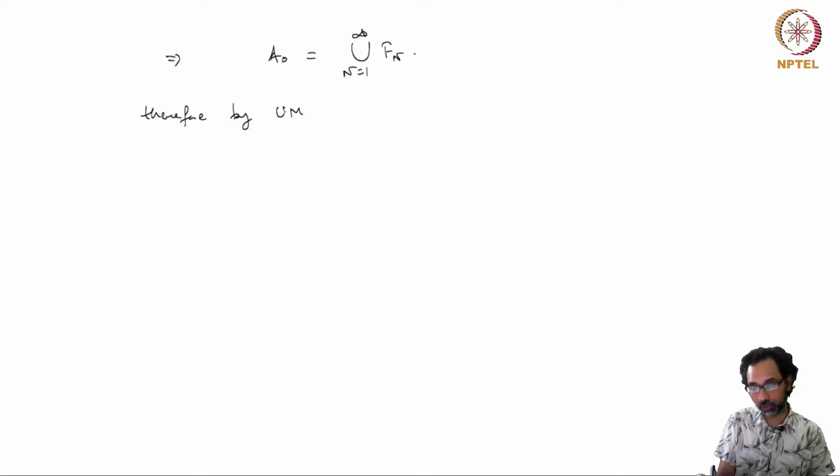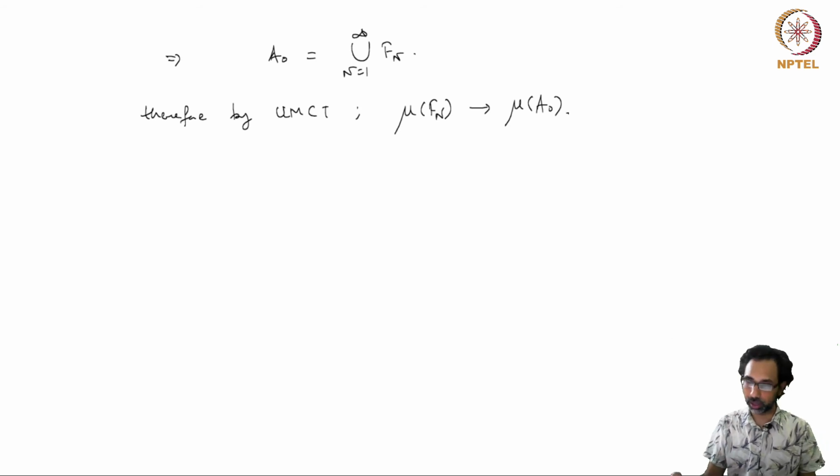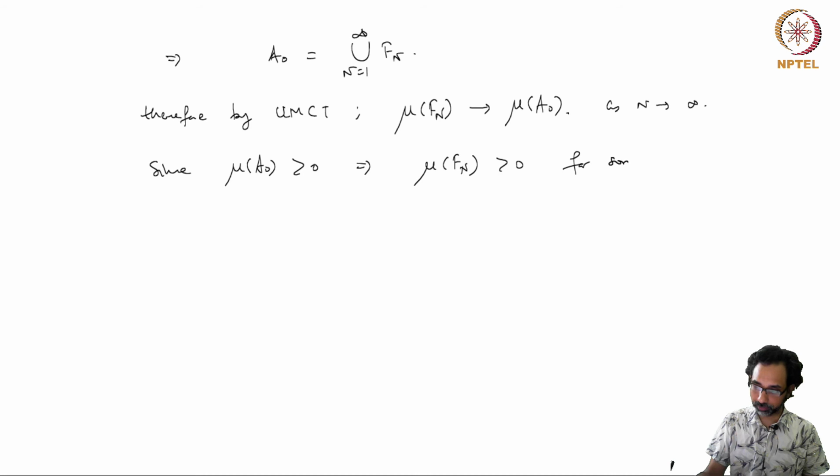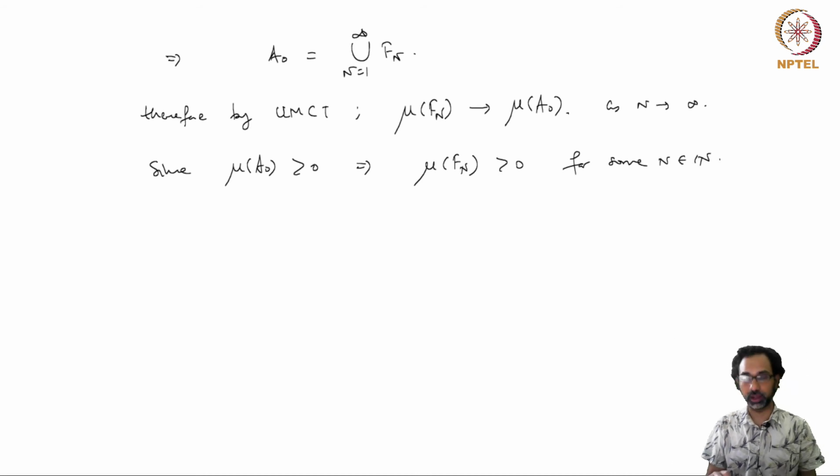And therefore, by the upward monotone convergence theorem, the measure of F_N converges to the measure of A0 as N goes to infinity. So since the measure of A0 is supposed to be strictly positive, this implies that the measure of F_N is strictly positive for some N in the natural numbers, because this sequence converges to the value mu(A0), and so mu(F_N) is greater than 0.